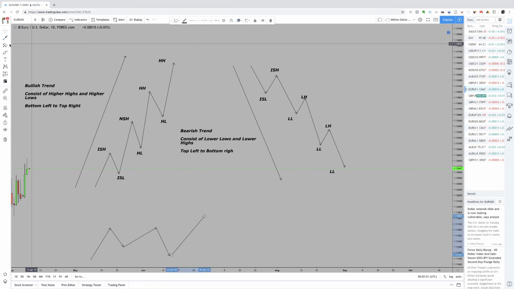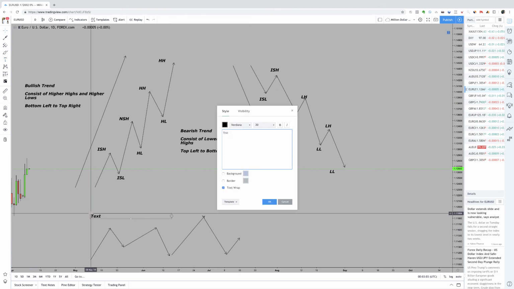Doing something like this, which could be very confusing for new traders. We call this consolidation. It's choppy, sideways movement.